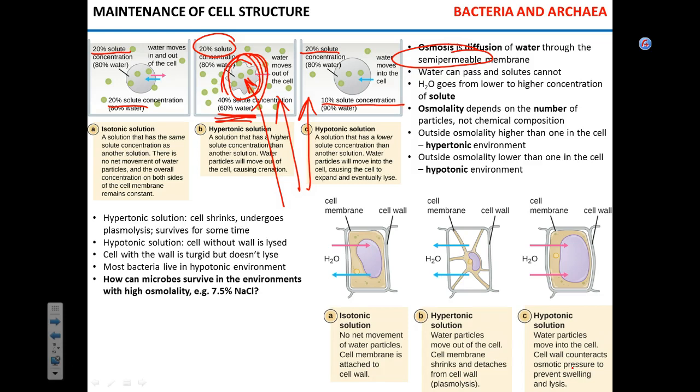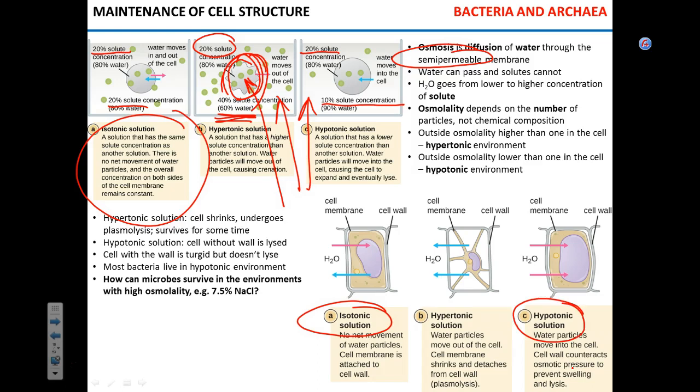So if you take a bacterial cell, which is about 70% water, and put it in this isotonic solution, is this cell going to change its shape? No. Now, I'm not going to go in ABC order, I'm going to talk about hypotonic first.